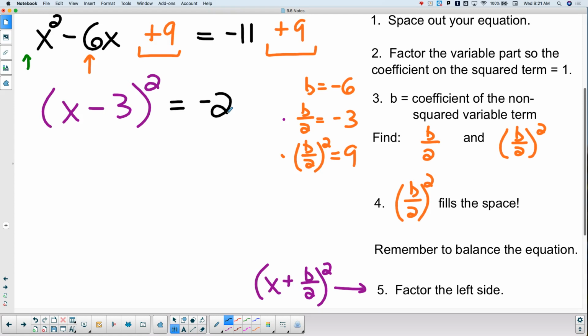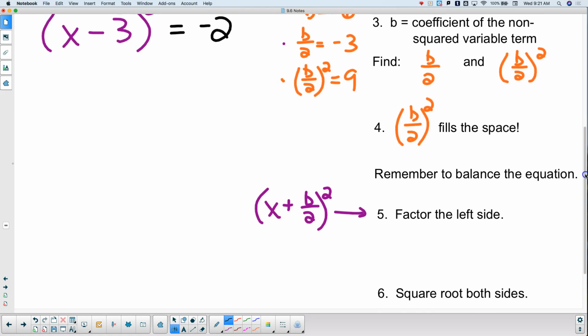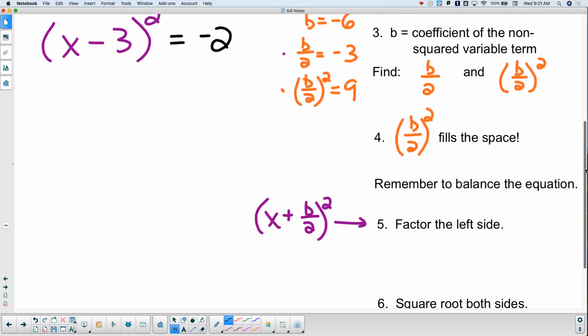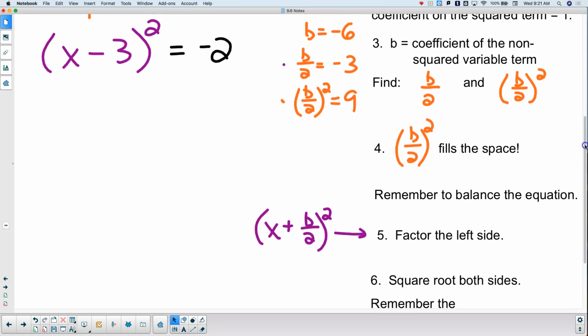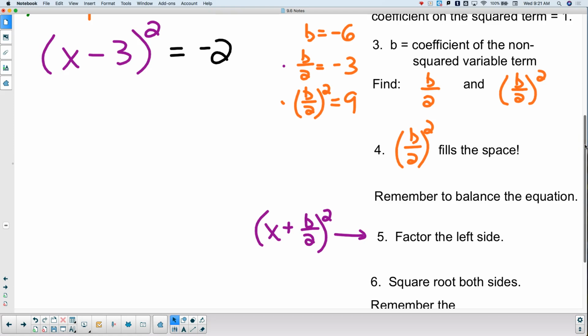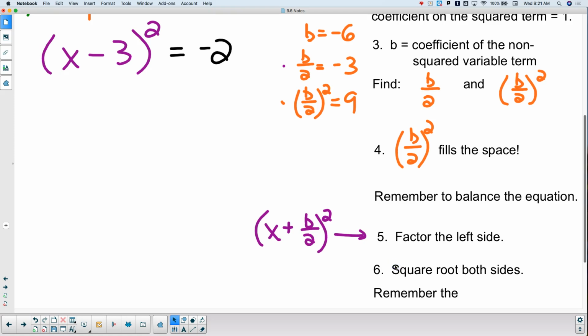Now I can square root both sides. But because I'm taking the square root, what do I have to remember?